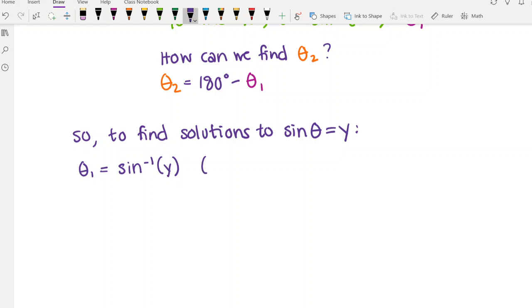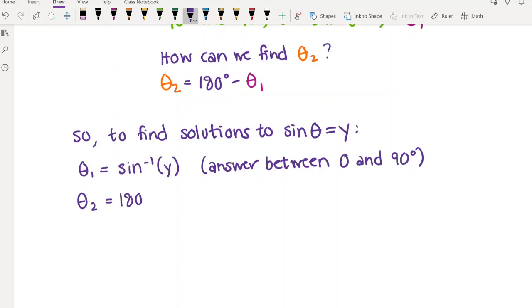This is going to give you an answer typically between negative 90 and 90, because right now we're working with triangles. It's specifically going to give you an answer between 0 and 90 degrees, because we're not working with any negative angles right now. And how do you find the second angle? You do 180 degrees minus whatever you got by doing inverse sine.